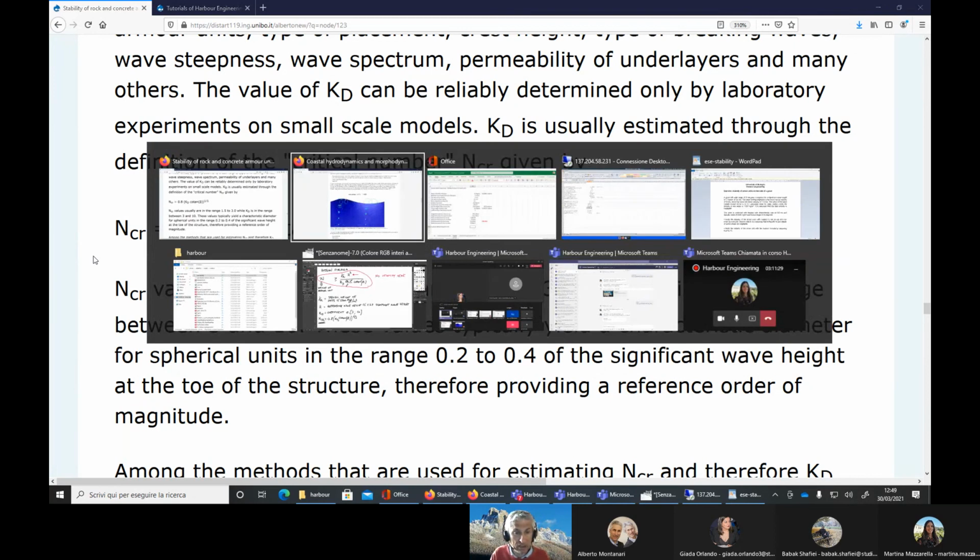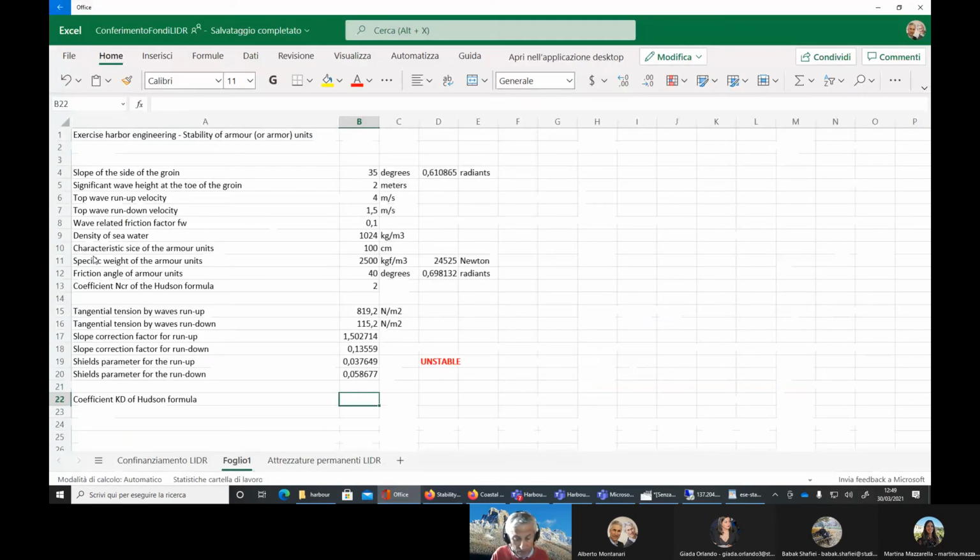Okay, let me go to the Excel file. So NCR to the power of 3, divided by 0.8, divided by cotan beta.